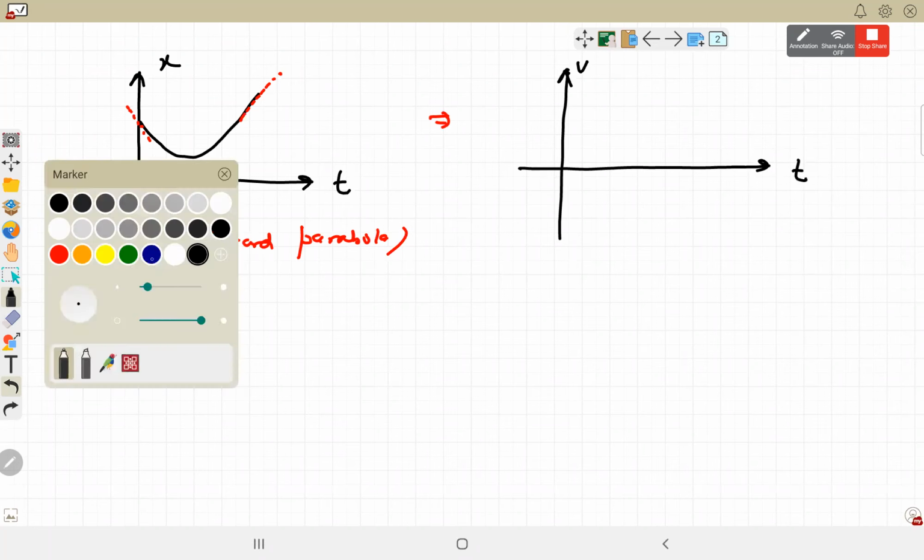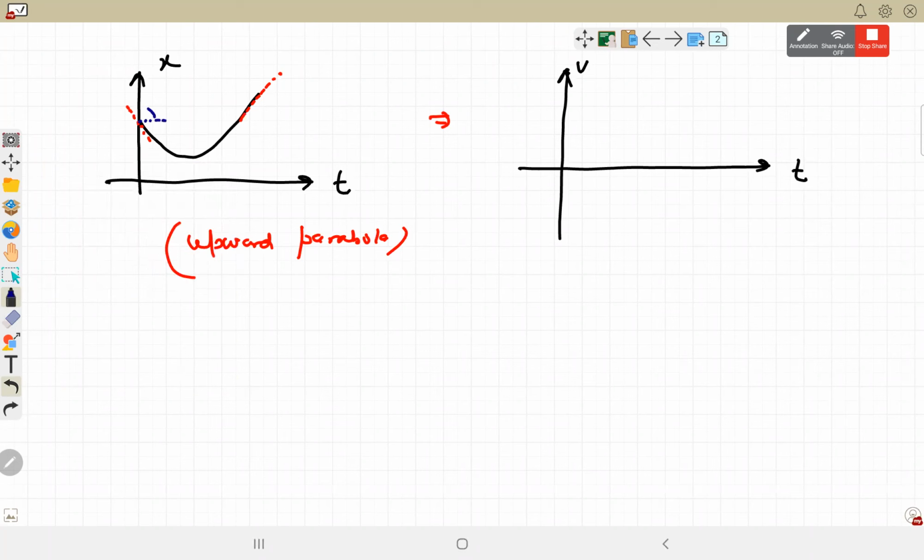initial tangent slope. So at t equal to 0, the tangent makes theta greater than 90, so tan theta is negative. It will start from some negative value.